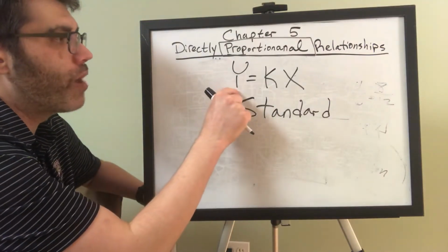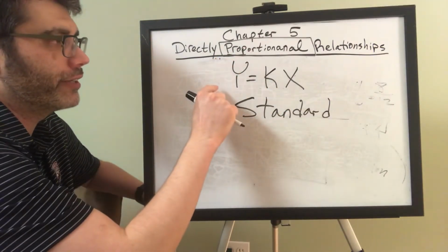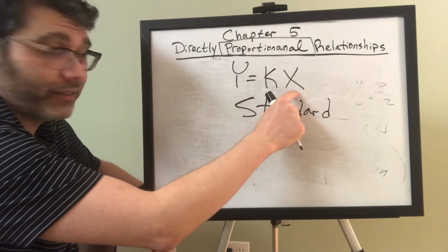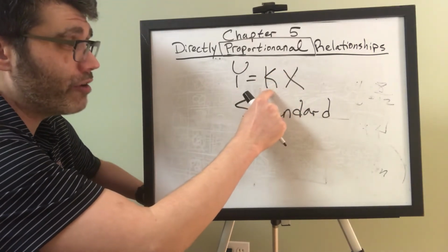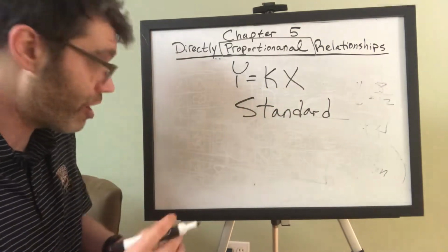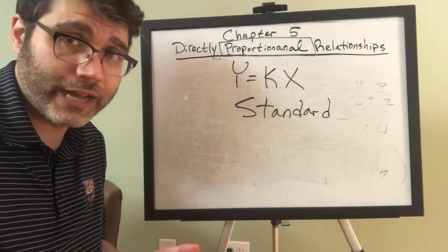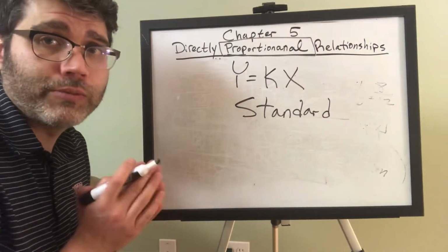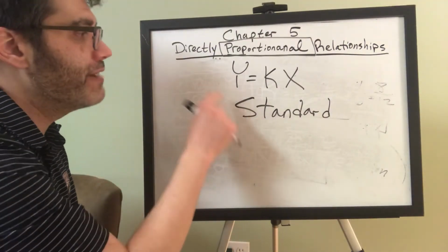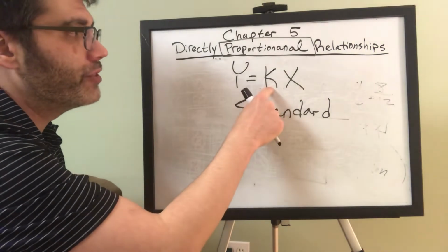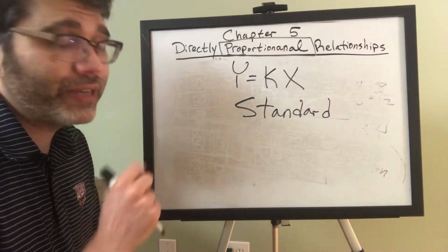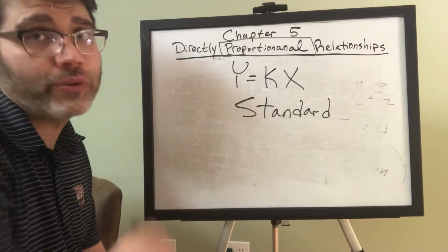Because when you have y completely by itself over here, and then you have a coefficient of k right in front of x, then whatever the coefficient of x is, you know has to be the constant of proportionality. So if I'm asking what is the constant of proportionality, if you're given a standard equation, all you have to do is look at what's right in front of the x. Super easy. What's not so easy is if you're not given a standard equation.